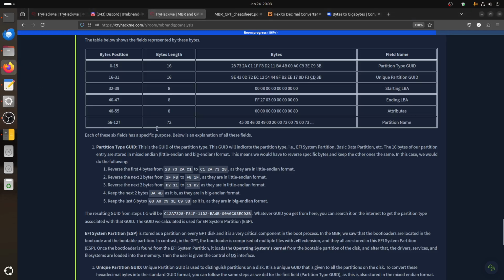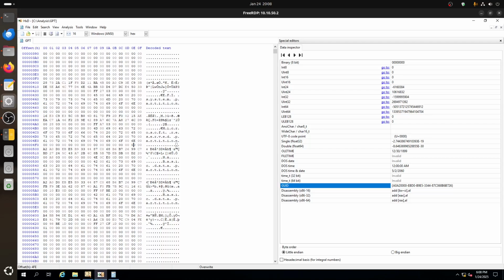It runs from 56 to 127, the end of the entry, so 72 bytes. Let's continue. It's somewhere at the end; you start at 72, he said.